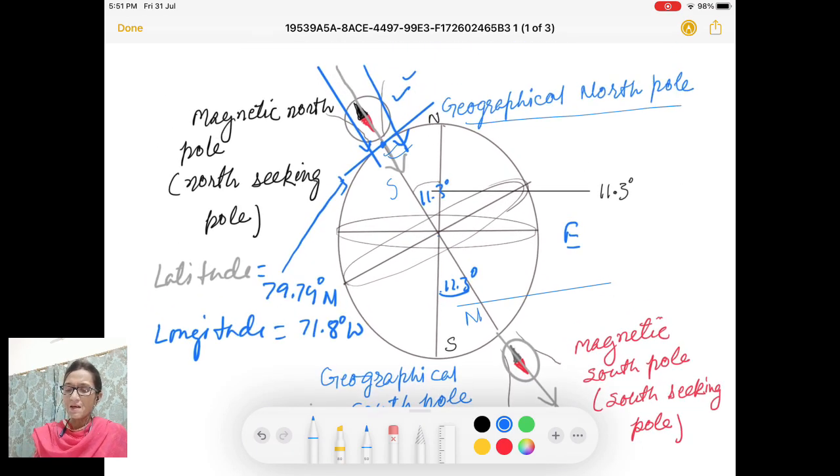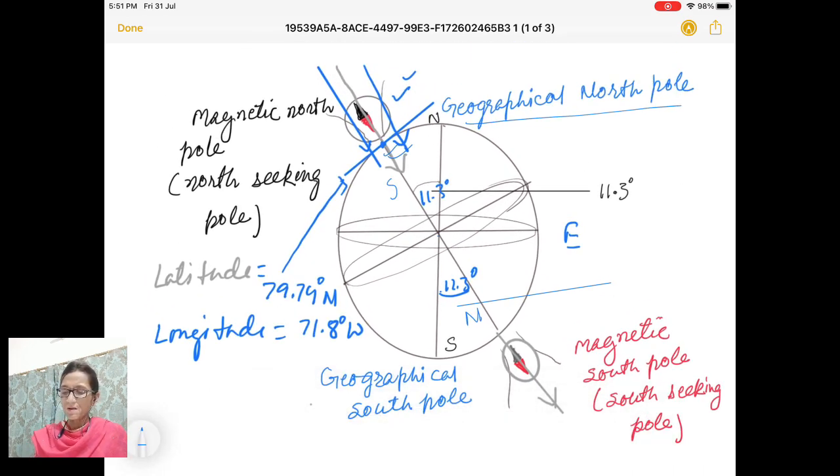Similarly, in the south direction, here is a point where if you place a magnetic compass needle horizontally, parallel to the surface of Earth, then it may arrange in any direction. The needle can settle itself and stand still in any direction, which suggests that no force is acting on the needle horizontally.